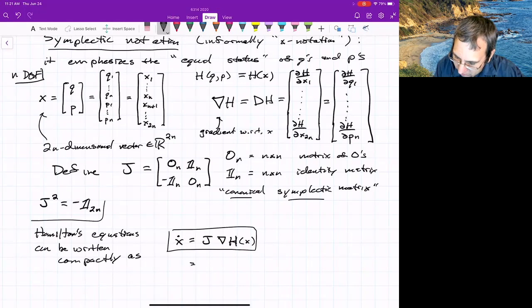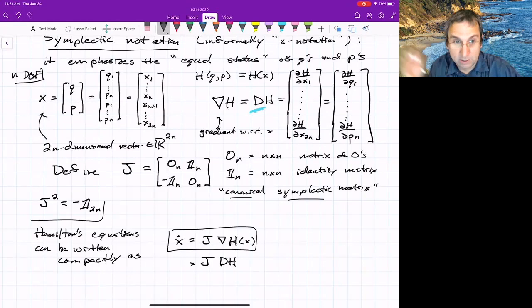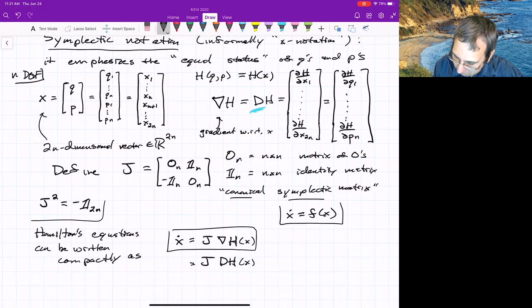Sometimes we use this notation up here of the D. You might see that a lot. So I might switch to J DH, and then I don't have to use any Greek symbols. So that's nice. So in general, when we speak of continuous dynamical systems, we're thinking of x dot equals f of x. Here, we've got a special form for f, right?